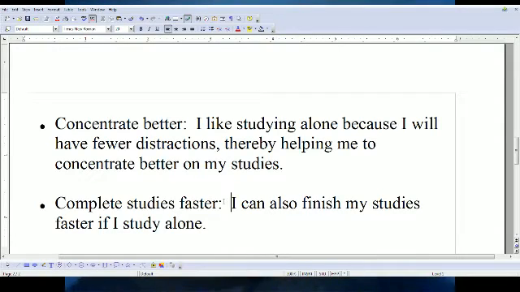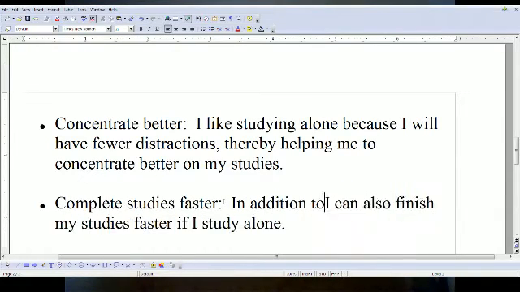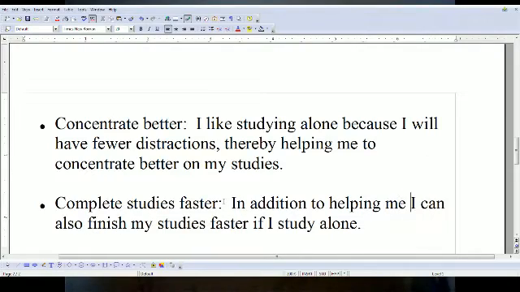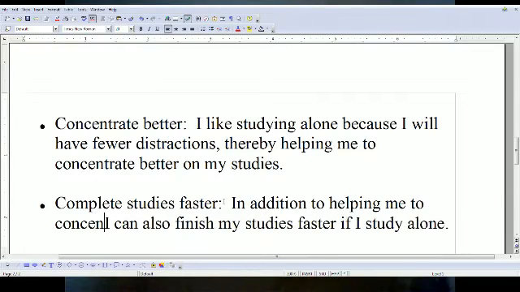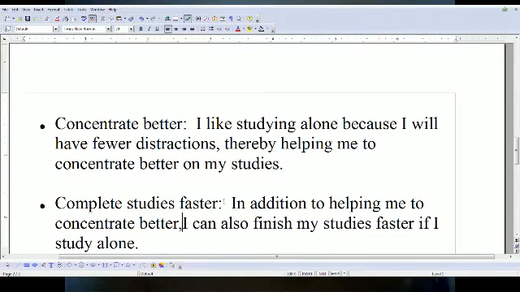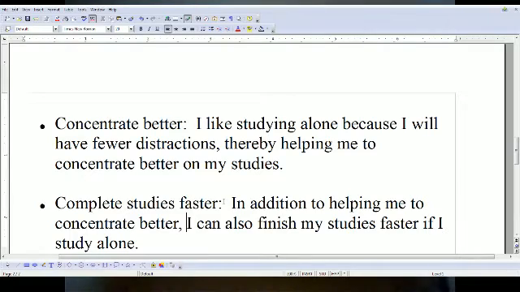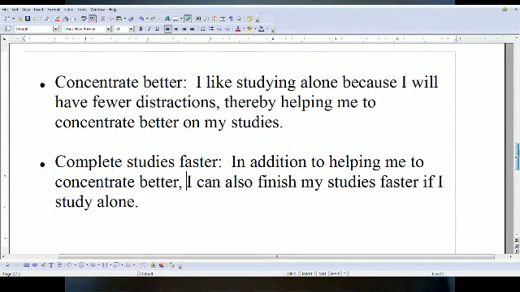So with a transition sentence, right? And I think if you're using a transition sentence, you probably don't need to worry about saying first of all and second of all. You can say something like this. This becomes your transition sentence. So in addition to helping me to concentrate better, I can also finish my studies faster if I study alone.